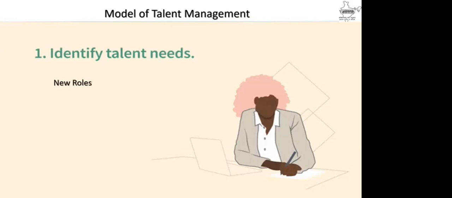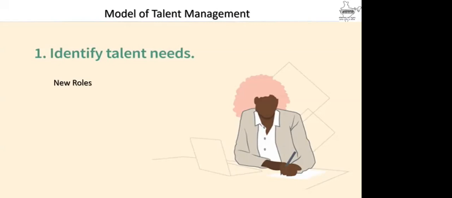New roles would come from within the organization, with the developments and changes that would lead to new roles getting designed. Within the industry, certain developments happen, and through that comes the need for such new roles.